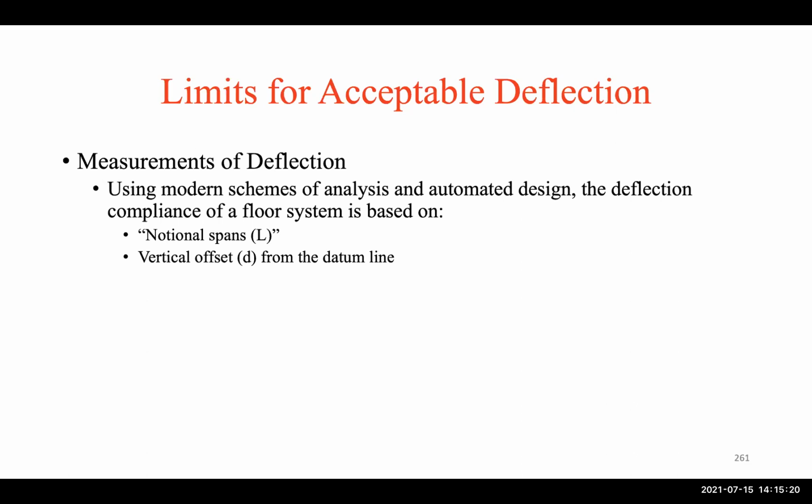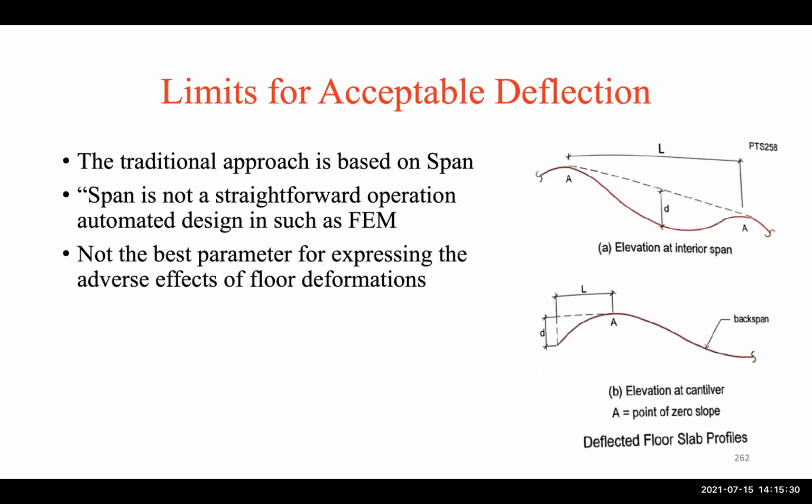We have the term called the notional span. It's not actually the real span, but the notional span and the vertical offset D from the datum line. Here you can see what I mean when we look at the slab. So we don't have to be very conservative in our design.